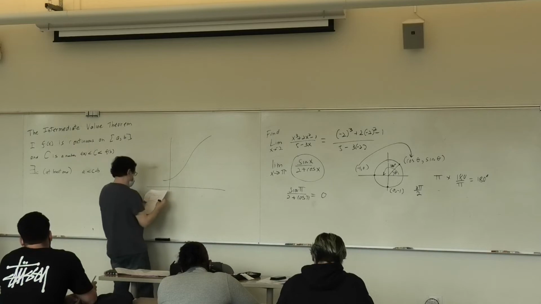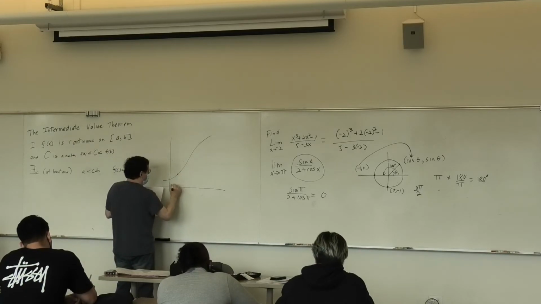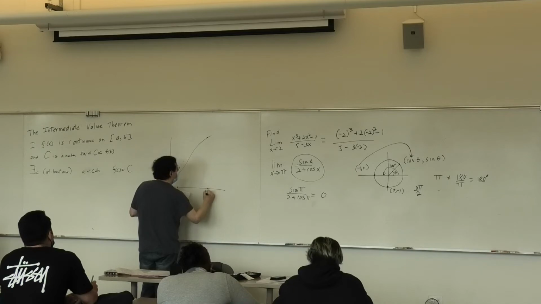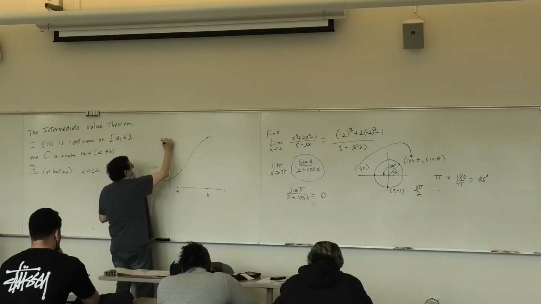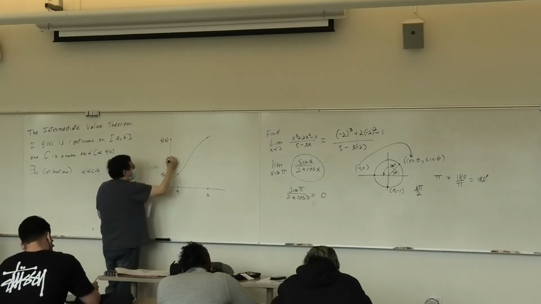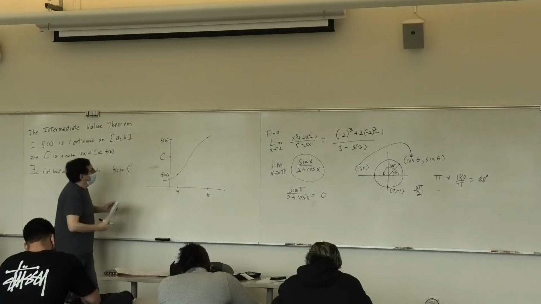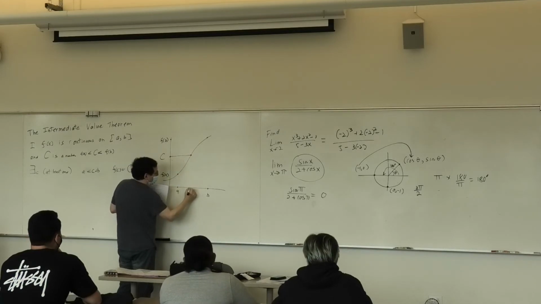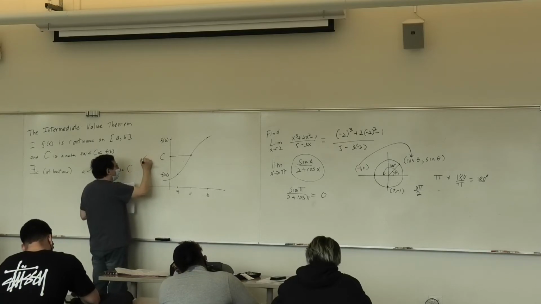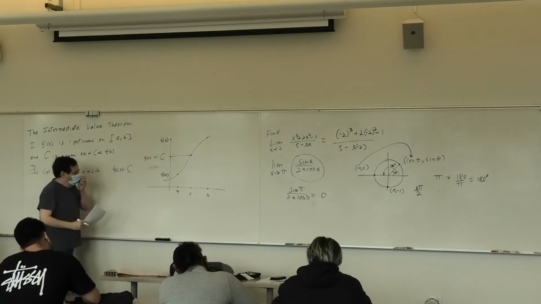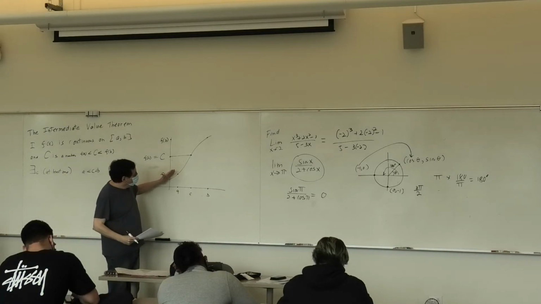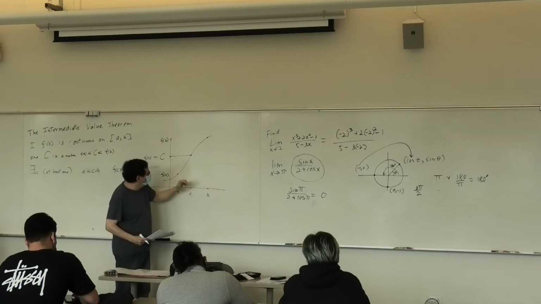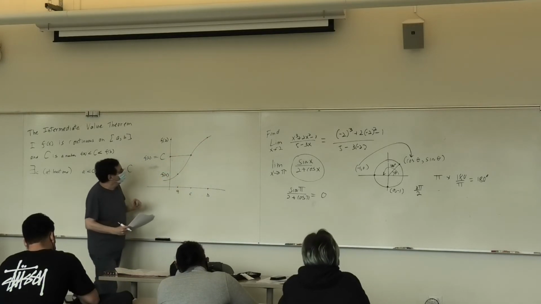So I have some function, I have a point A on it, I have a function at A, I have a point B, a function at B, and I have some value here C that's between f of A and f of B, and the intermediate value theorem says if this function is continuous, then there must be some c down here such that f of c equals C. Another way of saying it is we pass through all the points between f of A and f of B.